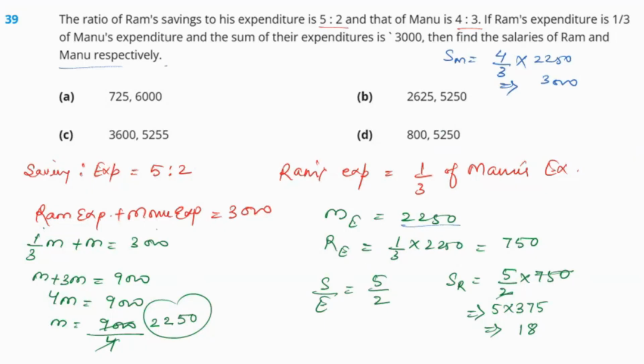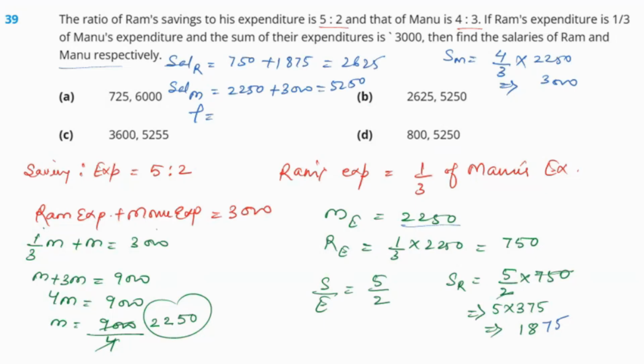Now we know the expenditures and the savings as well, so let's calculate the salary. Ram's salary is the expenditure, 750, plus the savings, 1875, so the total is 2625. Mono's salary is the expenditure, 2250, plus the savings, 3000, so the salary is 5250.